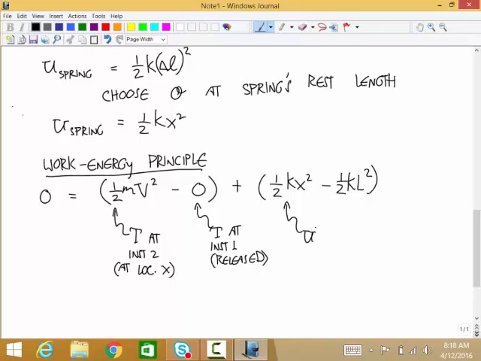This is the potential energy at instant 2. That's when the object's at location x. And this is the potential energy at instant 1 when the object's released.